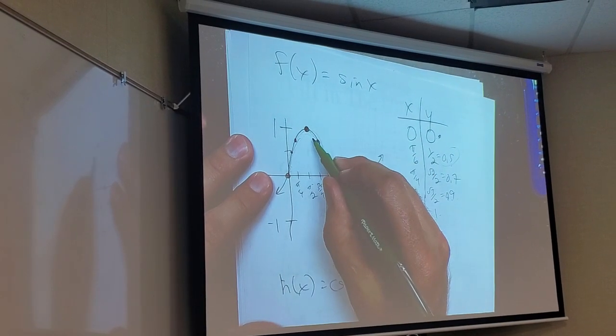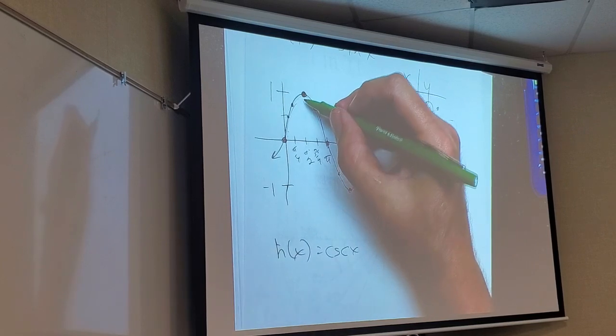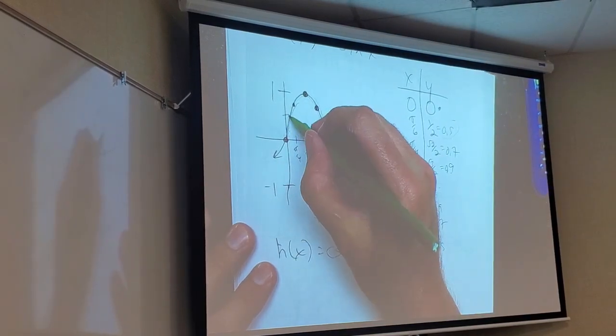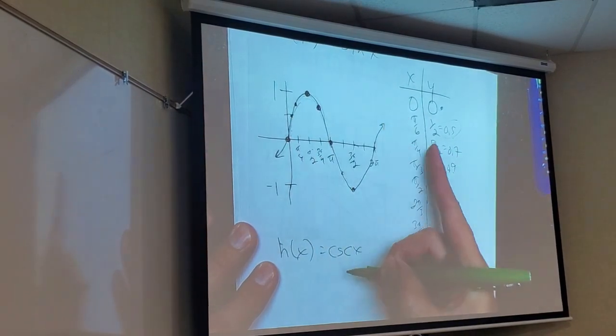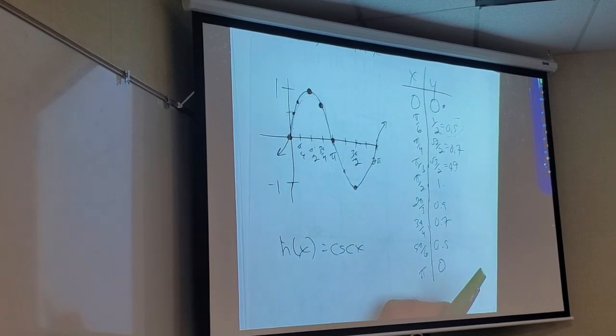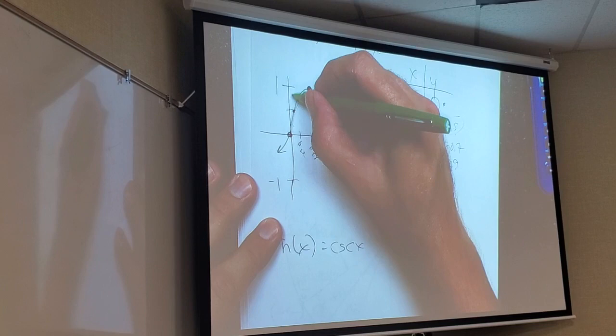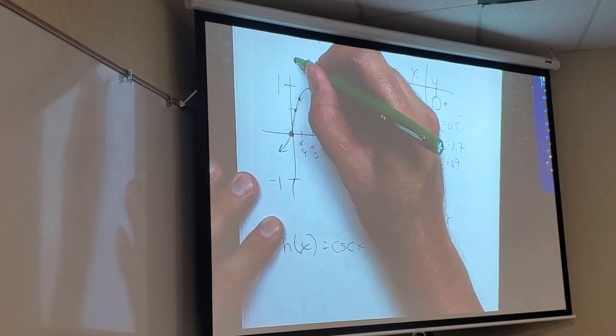Because it's 1 there. Isn't sine 1 here? So wouldn't cosecant be 1 there? Because 1 divided by 1 is 1, right? At pi over 6, what's sine? 1/2. So what would cosecant be there? 2. So this will be at pi over 6 to be up here at 2. Well, pretend like that's 2.